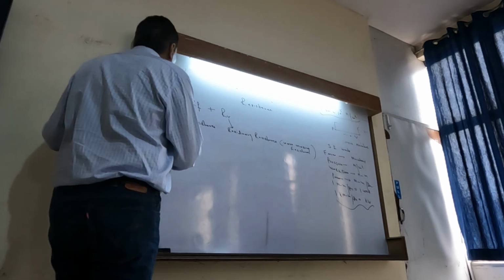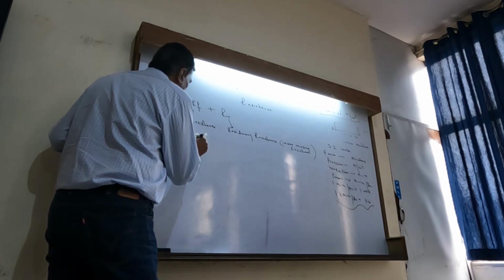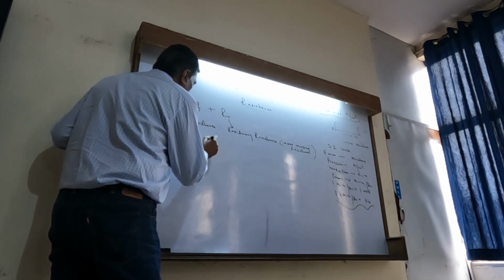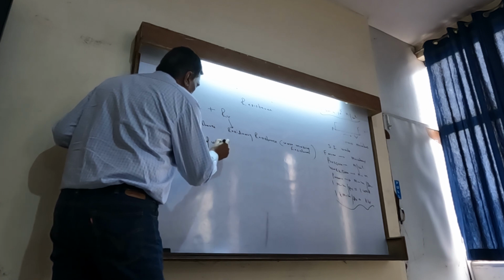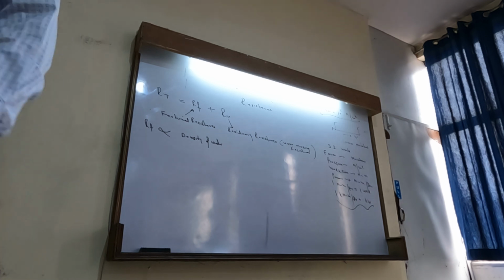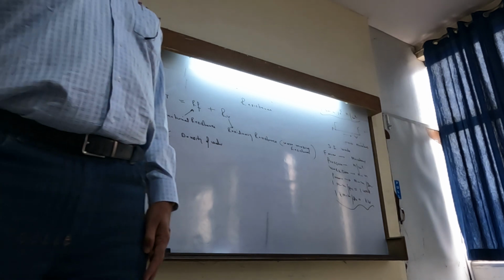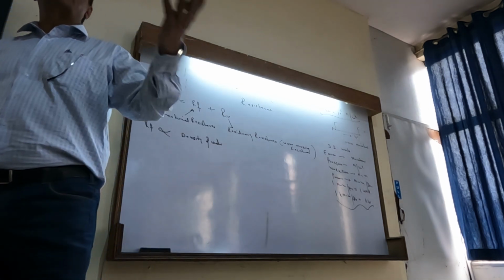Frictional resistance depends upon the density of water. More dense is the water, more is the resistance. That means if the vessel is moving in fresh water, the resistance will be less. If it is moving in sea water, resistance will be more. And how much more will depend upon what is the density.